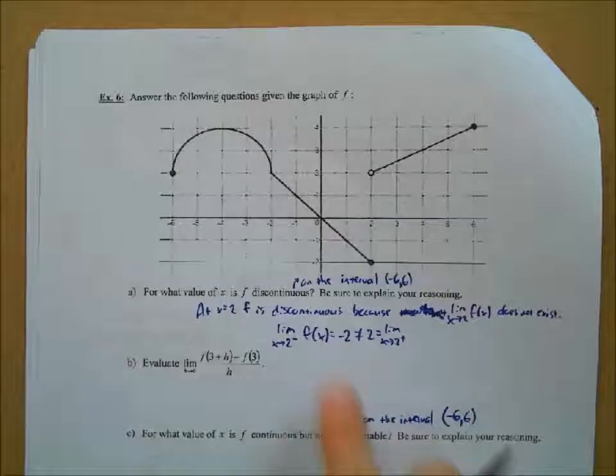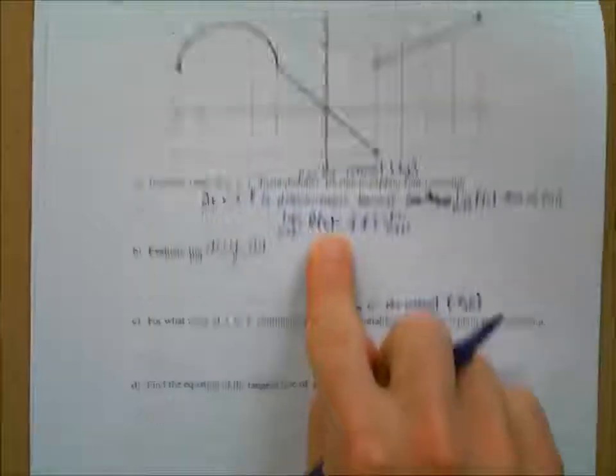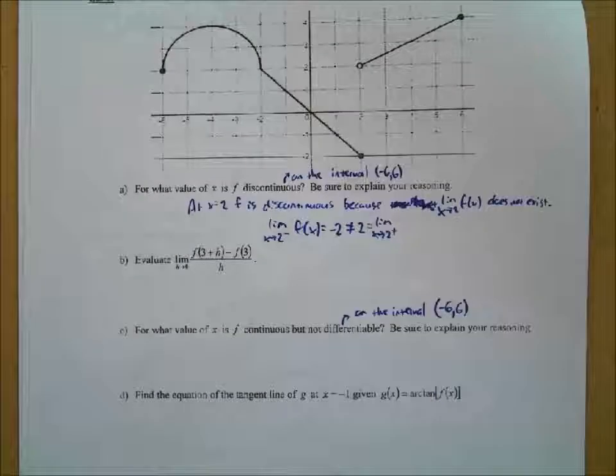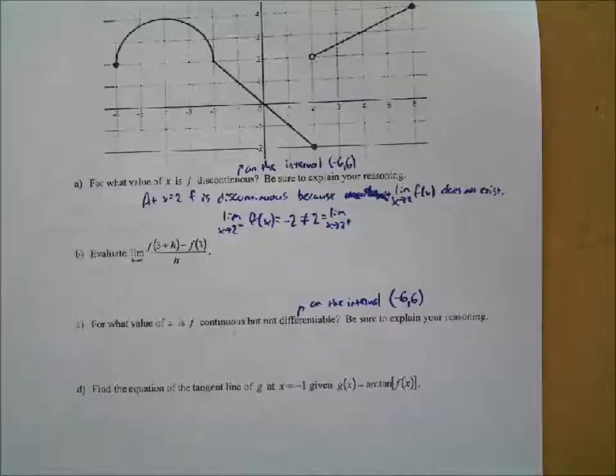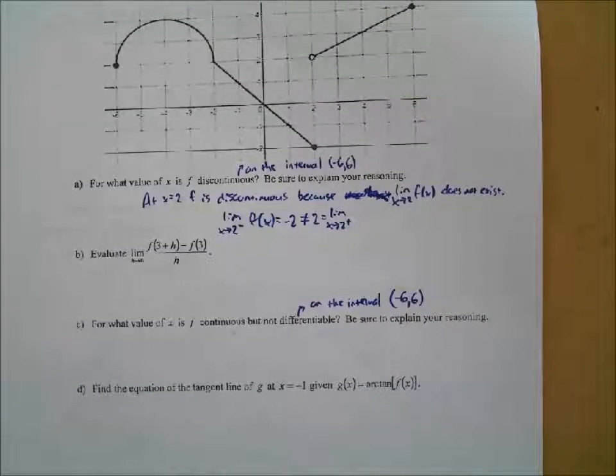Giving that additional argument shows why the limit doesn't exist. We can just say the limit doesn't exist, but how do we know? The left-hand and right-hand limits disagree, so we can give the exact reason why the limit does not exist there.